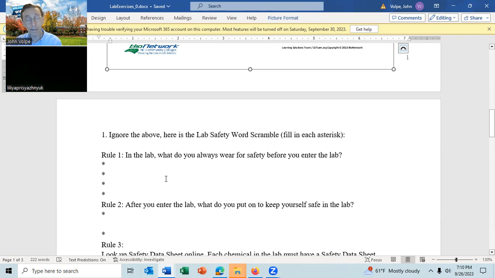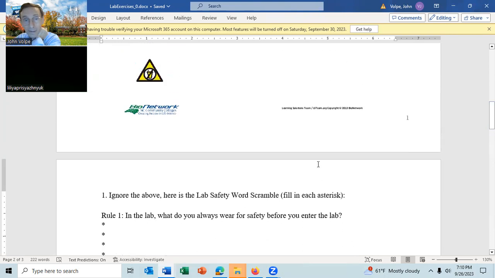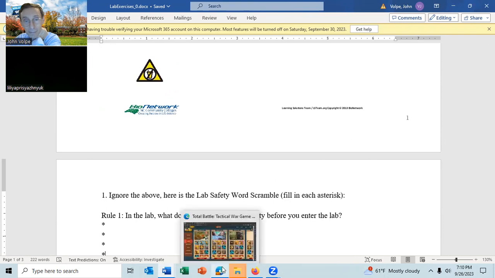Answer rule 1. In the lab, what do you always wear for safety before you enter the lab? And you must include 4 items. That's why there's 4 asterisks there. That is not really discussed in the lab module.